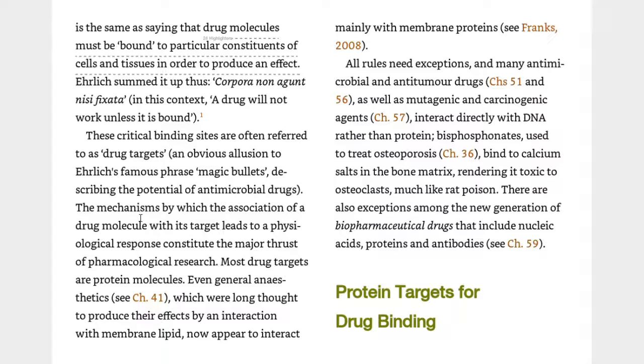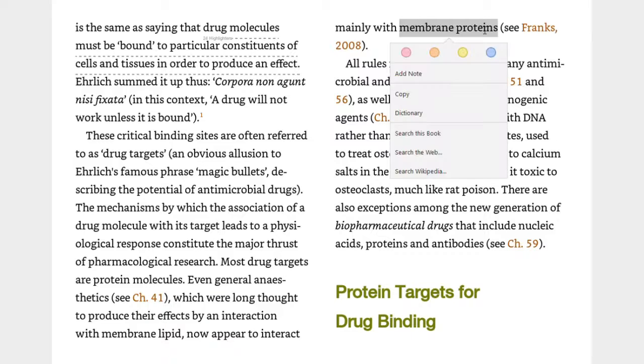All rules need exceptions, and antimicrobial and anti-tumor drugs, as well as mutagenic and carcinogenic agents, interact directly with DNA rather than protein. Bisphosphonates are used to treat osteoporosis, a disease associated with the bone which makes the bone brittle.